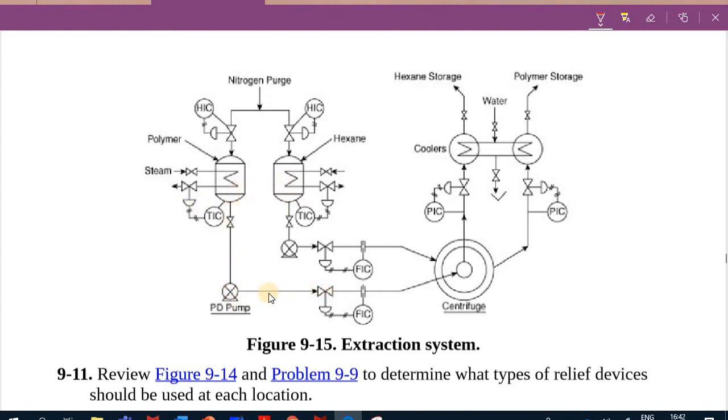And then I have a pump, a centrifugal pump, that pushes it to the polymer storage and to the Hickson storage, because I have two different products. So I have relief locations on this vessel and also on that vessel, and I will also have one on my cooling system.